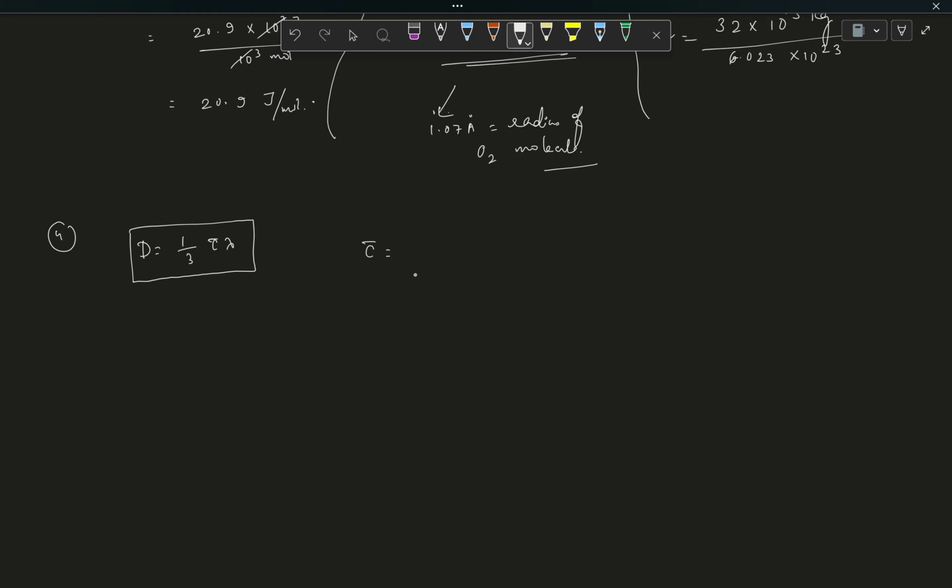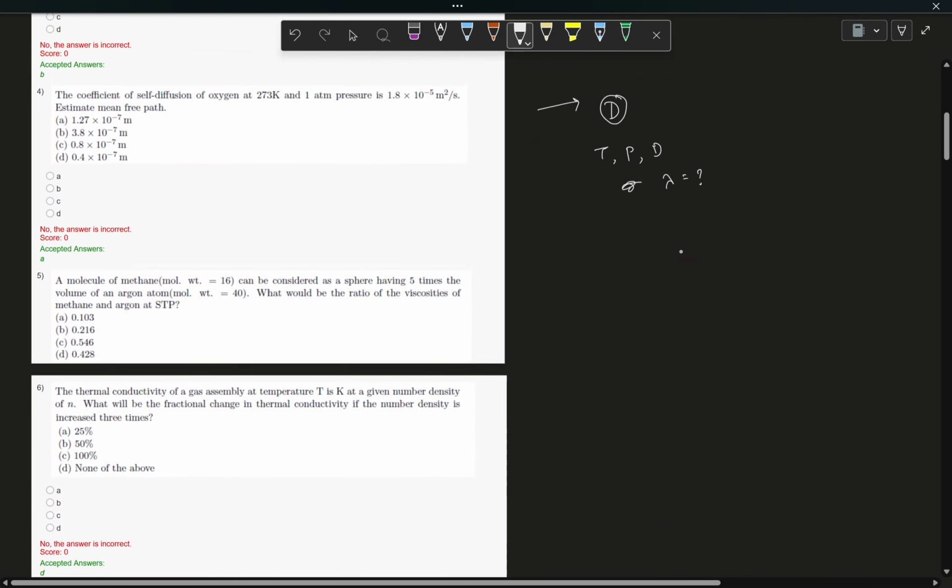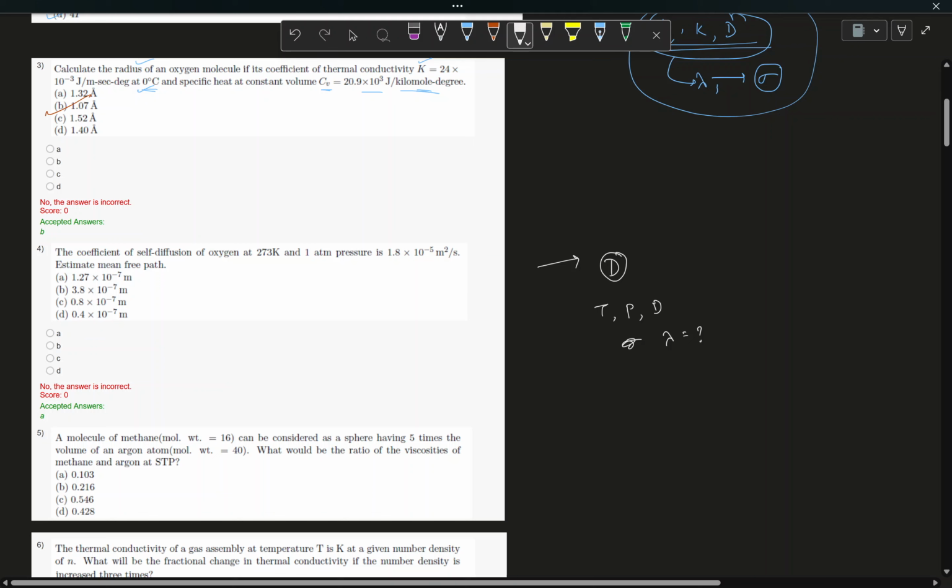Now c bar, you know that this has a particular formula: root over of 8 kT by pi m. This is for a single molecule, not molar or anything. And if I have to take the quantities correctly, first of all remember this is given in the question, that this is oxygen gas that they are talking about. So oxygen is a diatomic molecule that you have to know and take the mass accordingly.